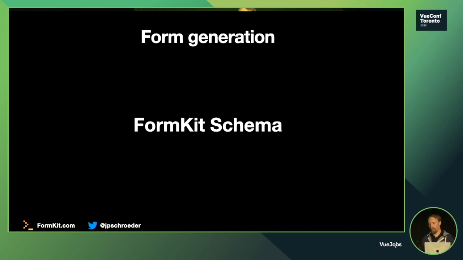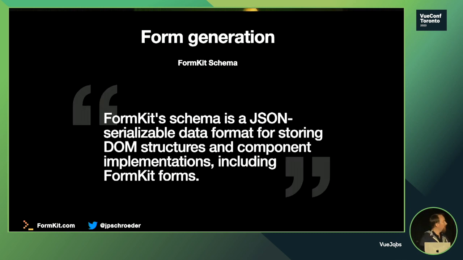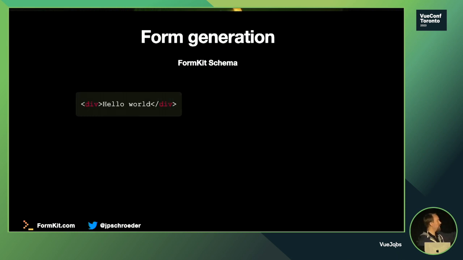And then we have another really cool feature called FormKit Schema. My definition for that is: schema is a JSON serializable data format for storing DOM structures and component implementations, including FormKit forms. So interestingly, you don't have to use this with FormKit at all if you don't want to. Let me show you roughly how this works, because I think it's pretty interesting.